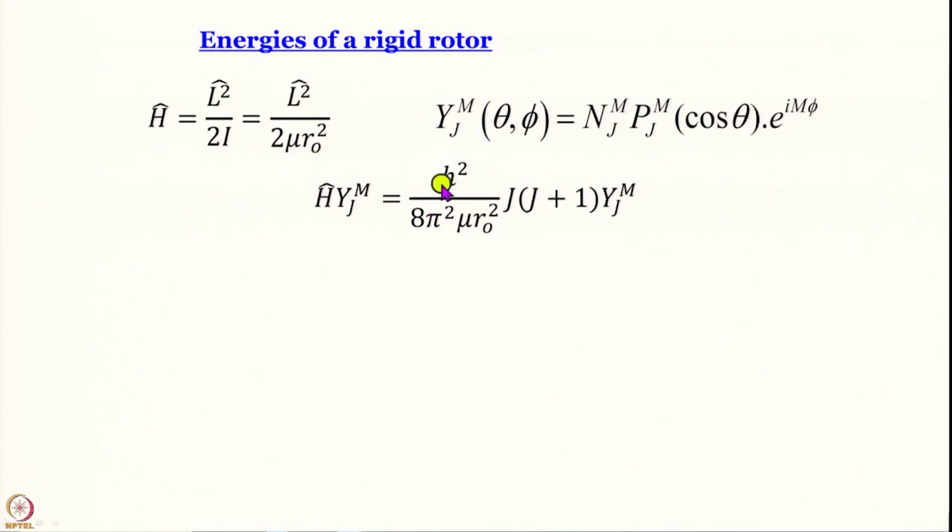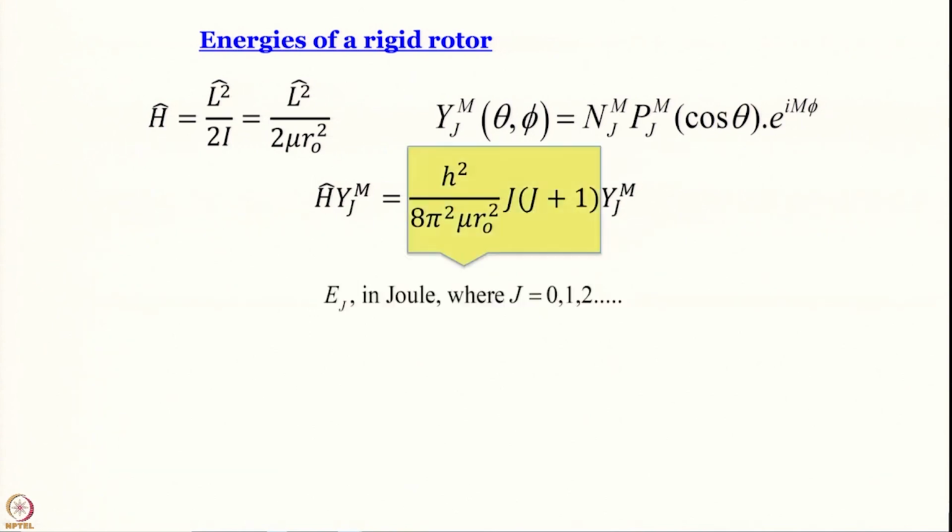That gives us h square by 8 pi square mu r0 square, a constant, multiplied by j into j plus 1 multiplied by the wave function. That is the Schrodinger equation. This is the eigenvalue of energy in joule, where j is equal to 0, 1, 2, 3, and so forth, as I had said.